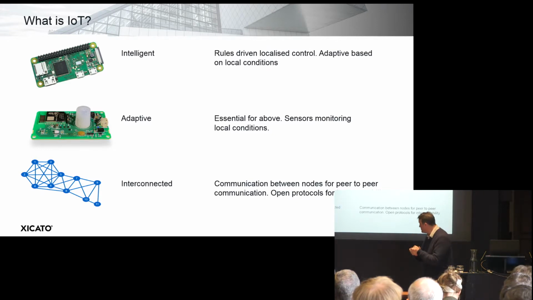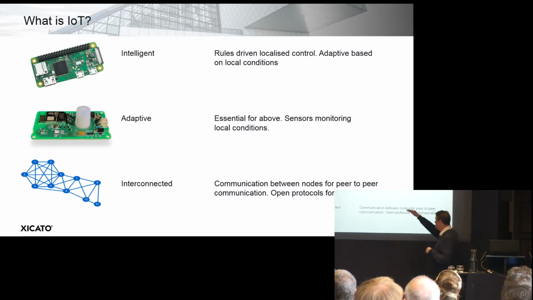How can it possibly react to the environment unless it's talking to the environment? So essential for the above adaptive environments, you need sensors to provide these triggers for the actors to work upon. And the sensors, the common ones are lux, of course, and movement and temperature and humidity.